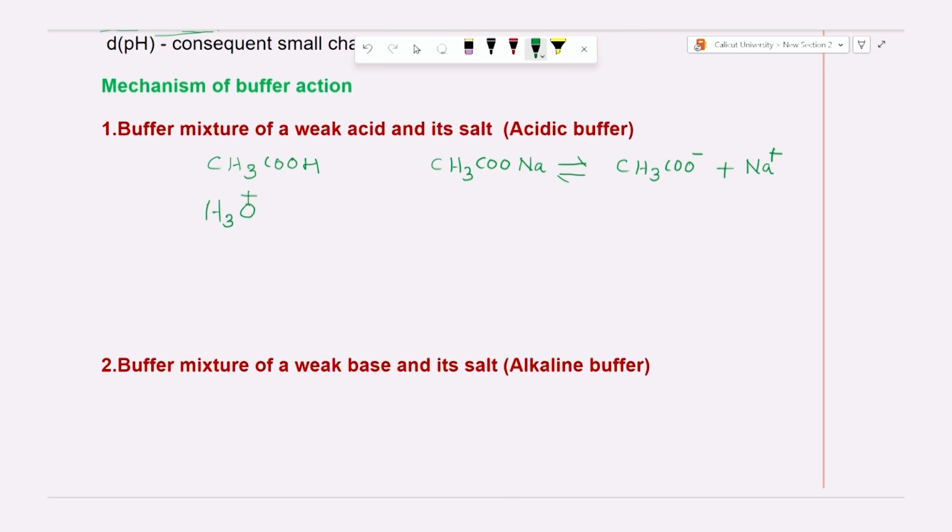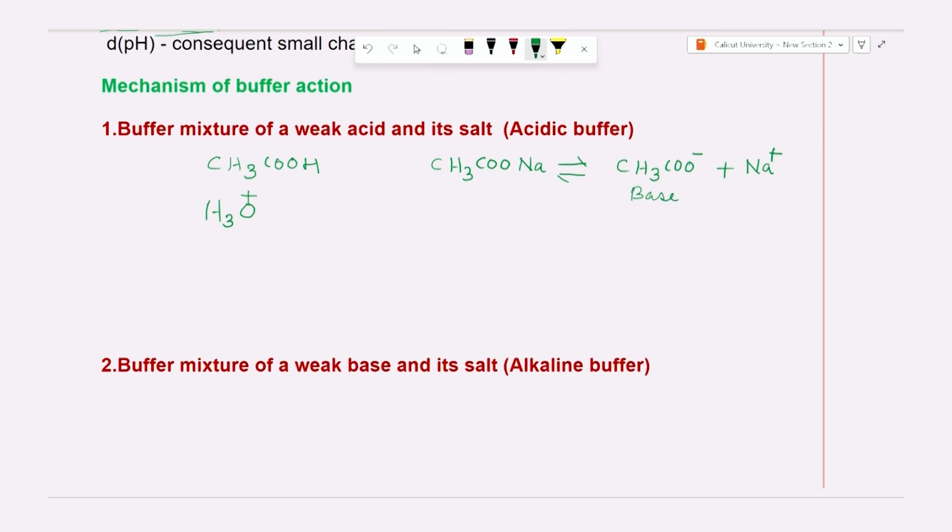So, that will be going towards something which is basic in nature, the conjugate base formed from the acid. Just say this is a base, it is capable of accepting a proton.